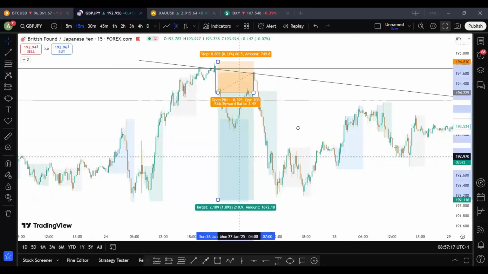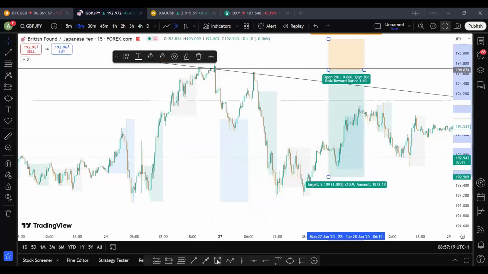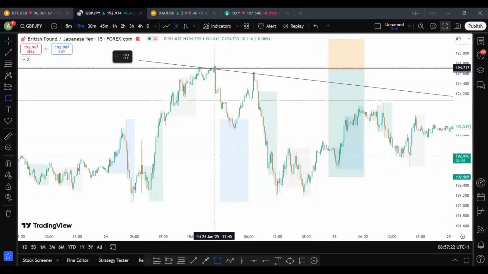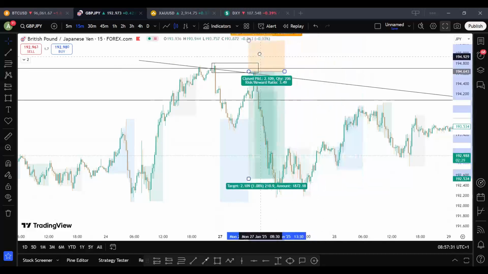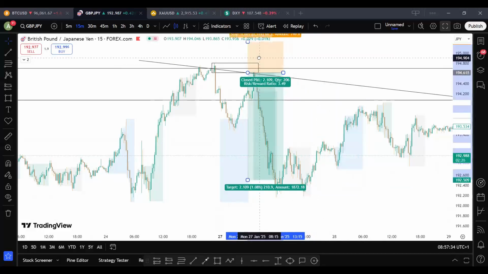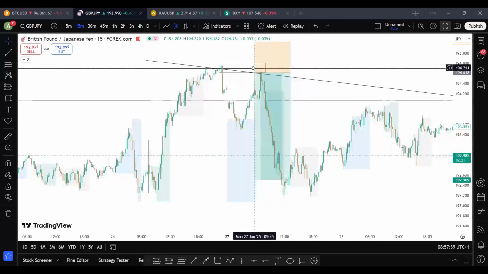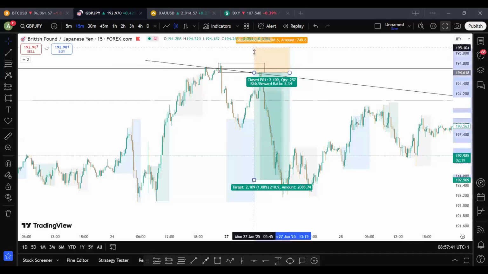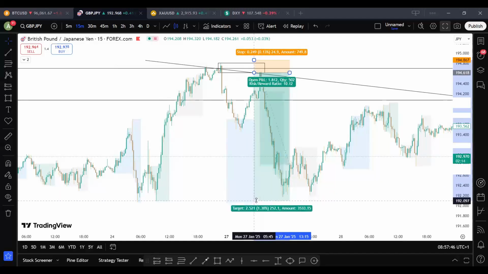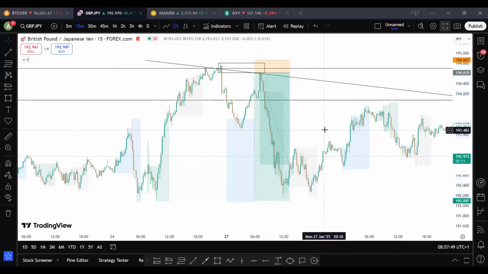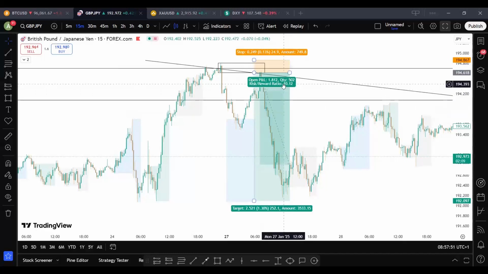Then for order block users, like I told you, this is the impulse, and then this is the order block, and this is their entry. Then the same take profit. They just have a much bigger risk reward.